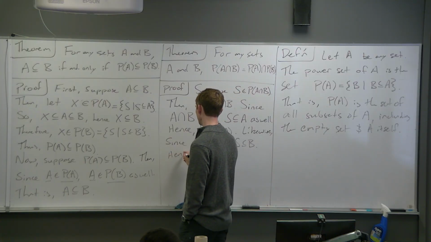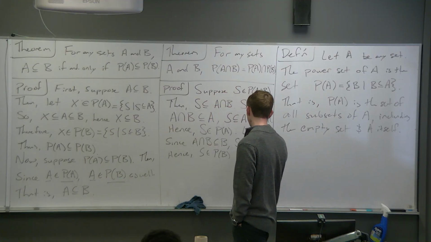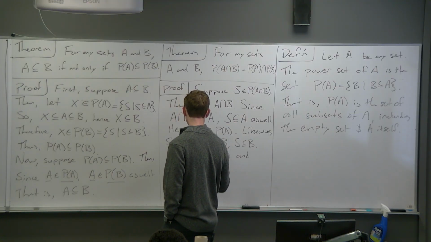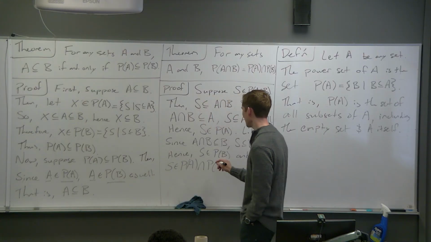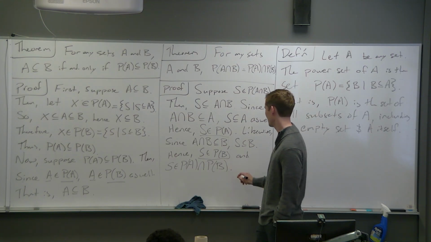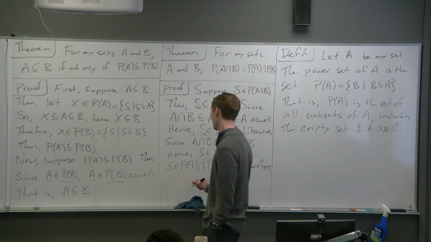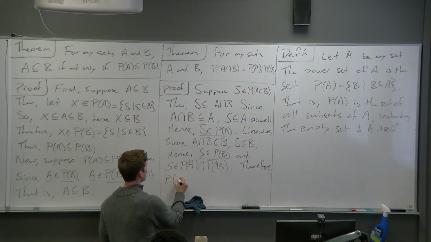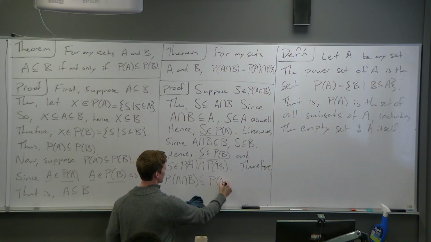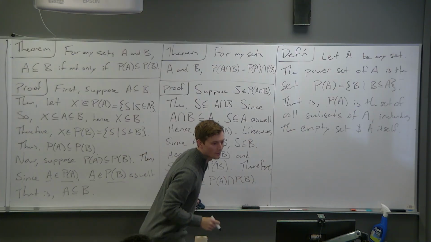Hence, S is in the power set of B, and S is indeed in the power set of A intersect the power set of B, since it's in both the power set of B and the power set of A. Therefore, the power set of A intersect B is indeed contained in the power set of A intersect the power set of B. All right.